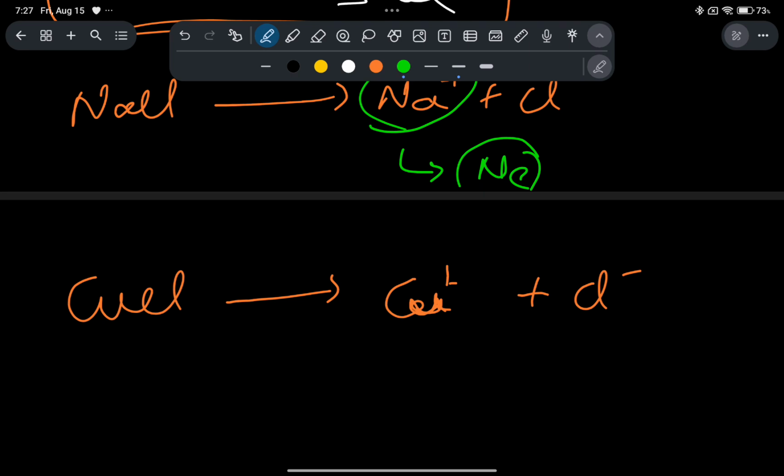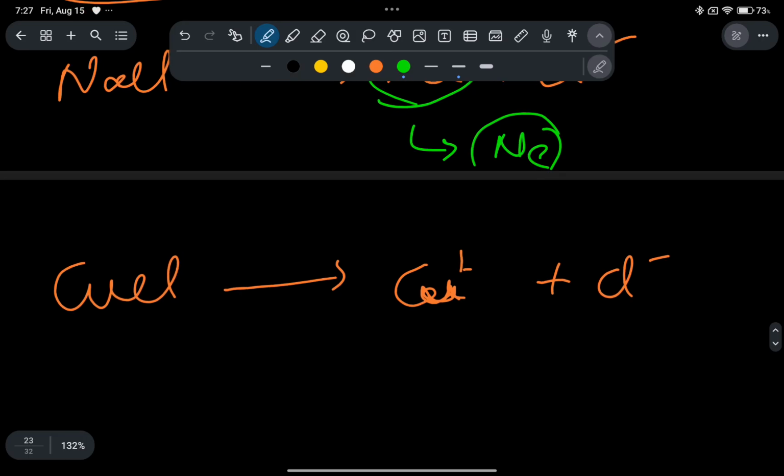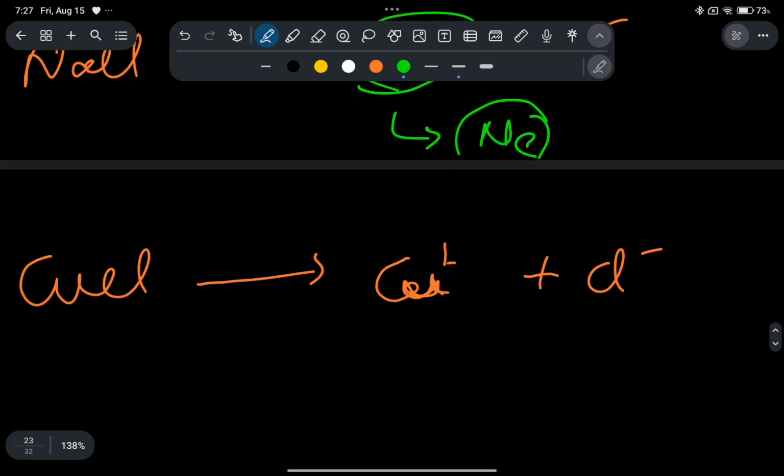Pseudo octet means the outer shell has 18 electrons. Copper has 18 electrons in the outermost shell: 1s2, 2s2, 2p6, 3s2, 3p6, 4s2, 3d10, sorry, 3d10.